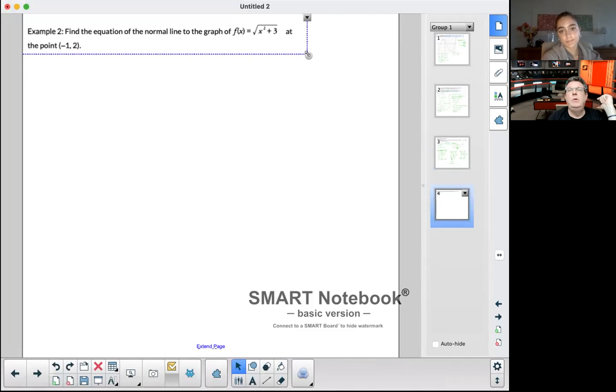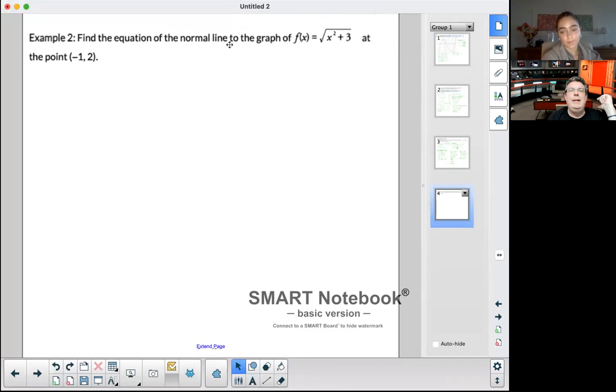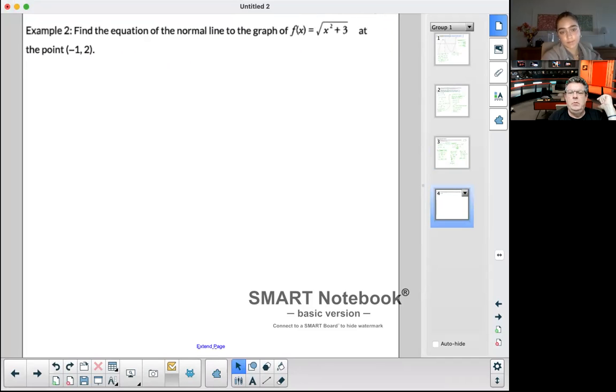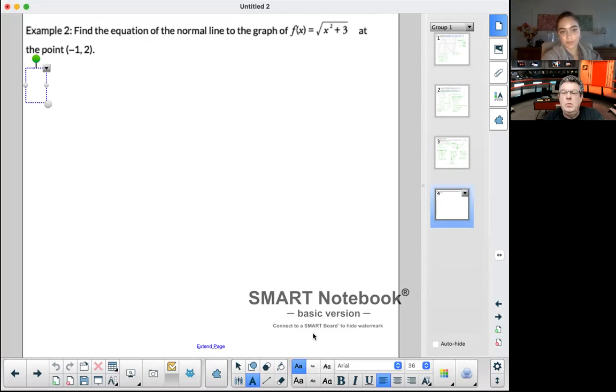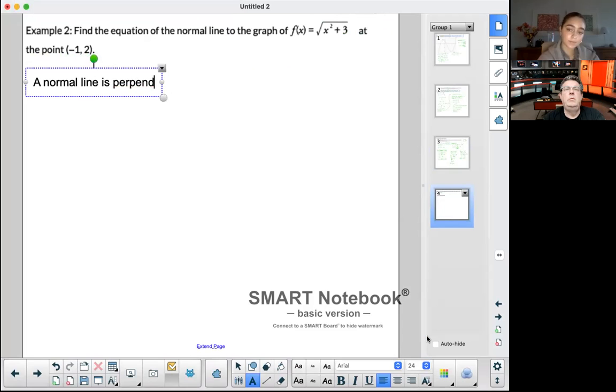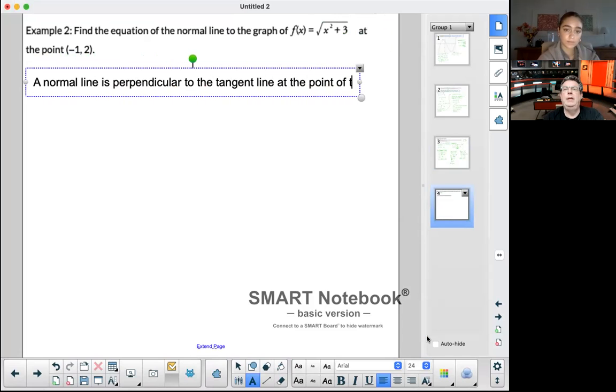That's totally up to you. So do you know what a normal line is? Something to do with the opposite reciprocal, I think, but I couldn't define it. A normal line is perpendicular to the tangent line. This is the important part, at the point of tangency.